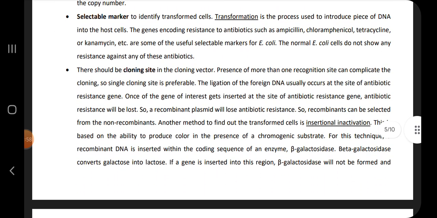Then selectable markers, they are used to identify transformed cells. Transformation is the process used to introduce a piece of DNA into the host cell. The genes encoding resistance to antibiotics such as ampicillin and chloramphenicol are some of the useful selectable markers.